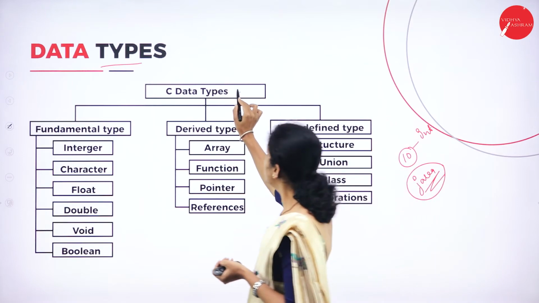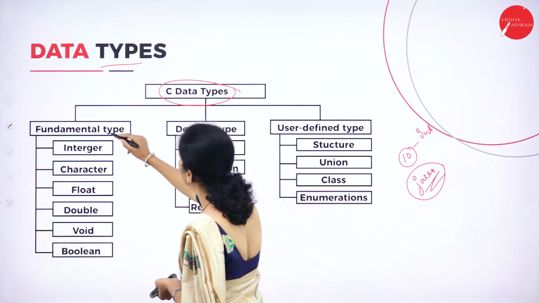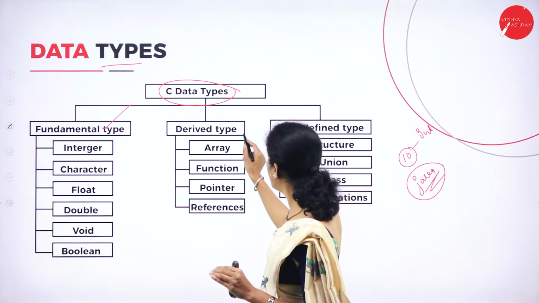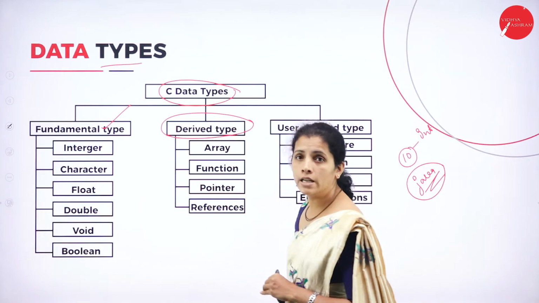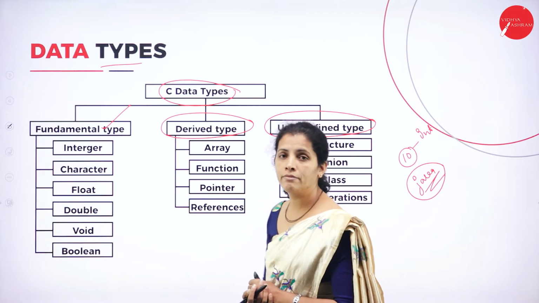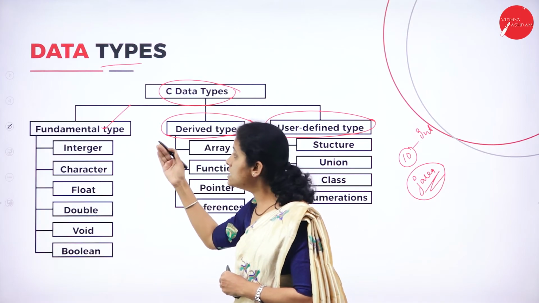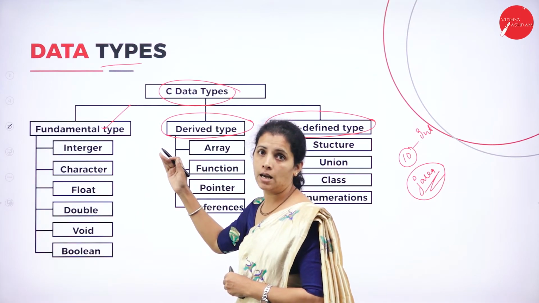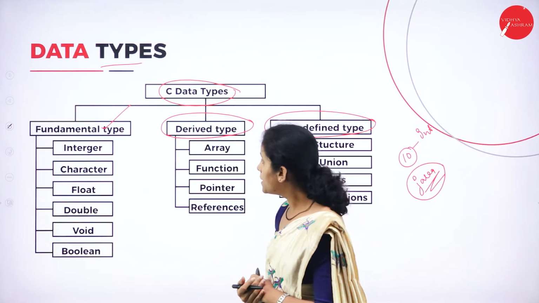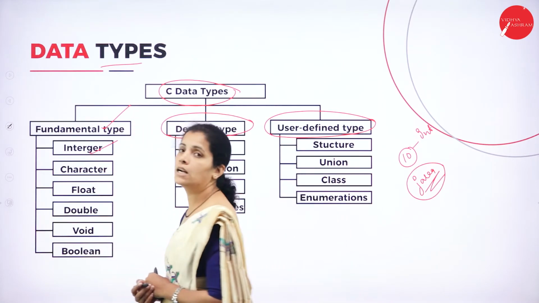Data types are classified into three types: fundamental or primitive or basic data types, derived data types, and user defined data types. So primitive data types means what? These are the basic or fundamental data types, and they are supported by the C program. If I'm having a whole number, then it is the integer data type.